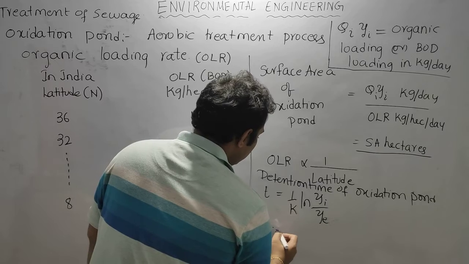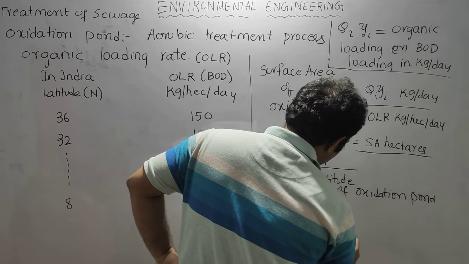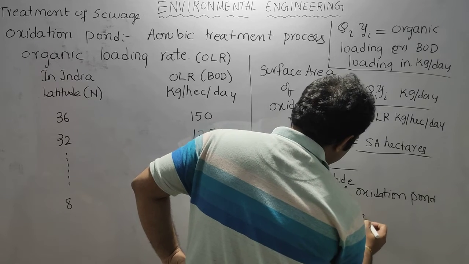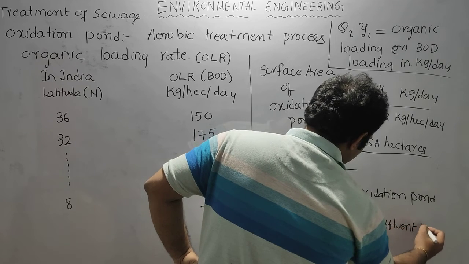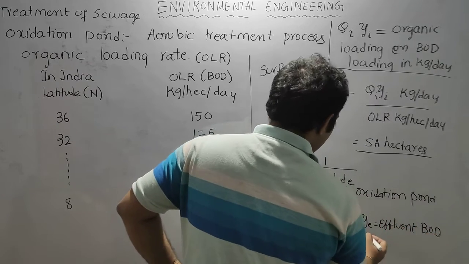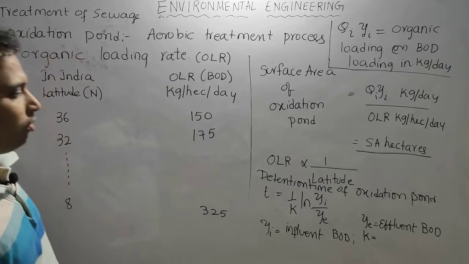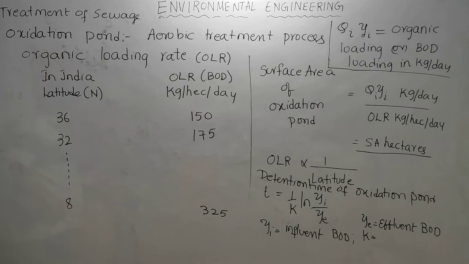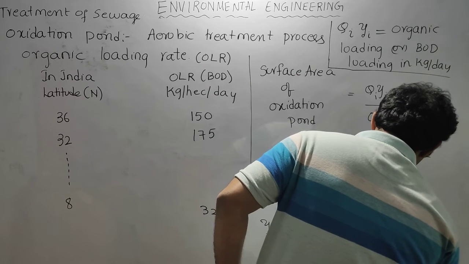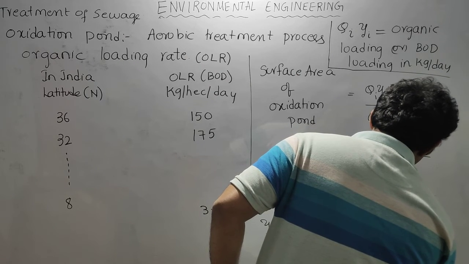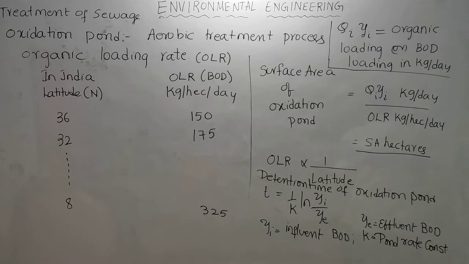We all know this: the influent BOD. Ye is the effluent BOD. And K is the pond constant, or BOD rate constant, whatever it may be, the degradation constant. So this is the pond rate constant.